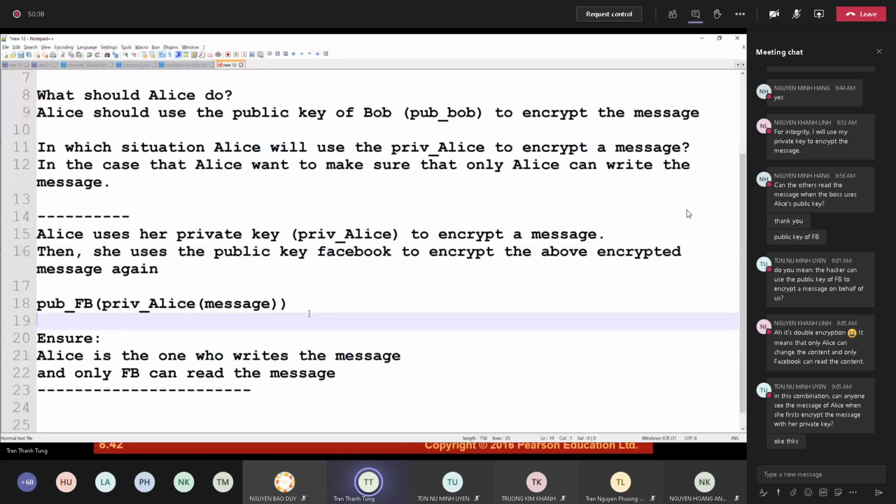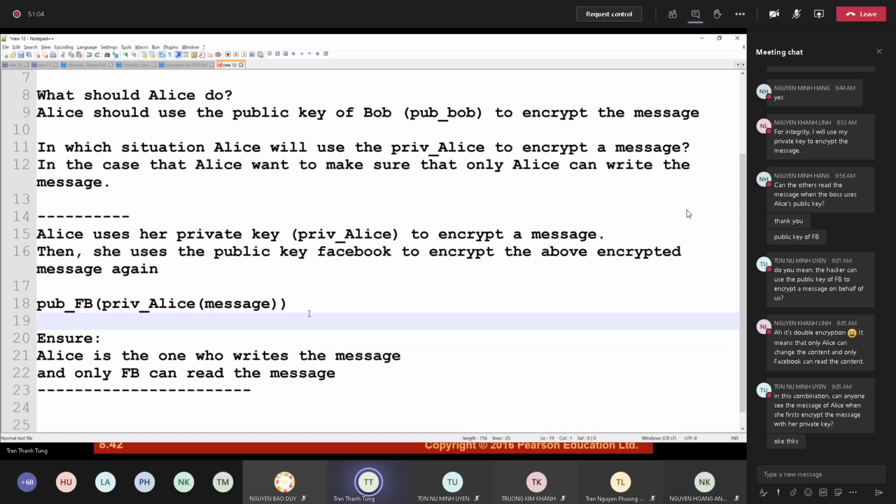Normally, if you want to find the public key of Facebook, what can you do? You do a Google search, no? Hey Google, please tell me what the public key of Facebook is. Actually, that is the problem, because the hacker can create as many websites as they want. They say, here is the public key of Facebook.